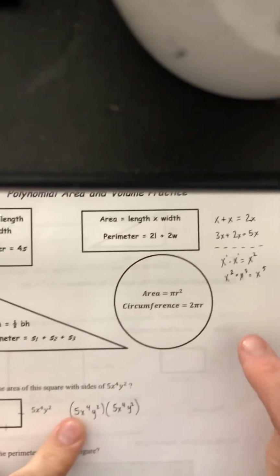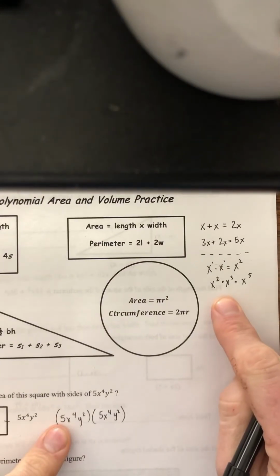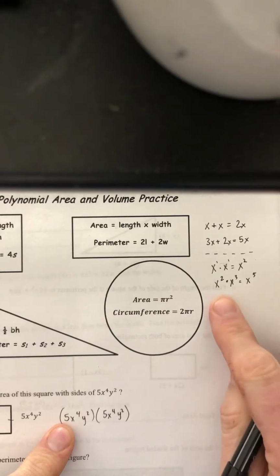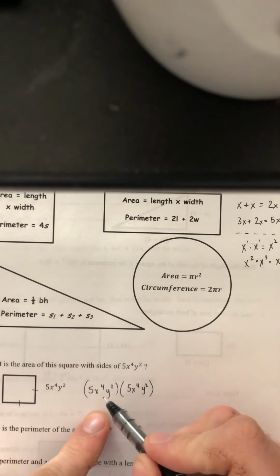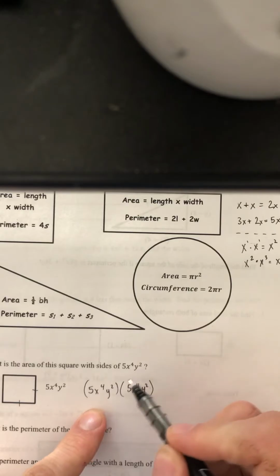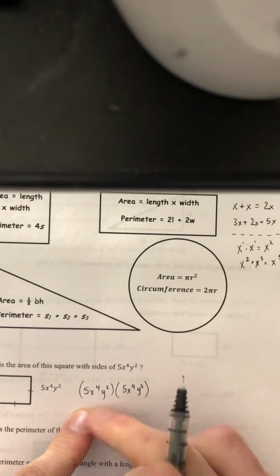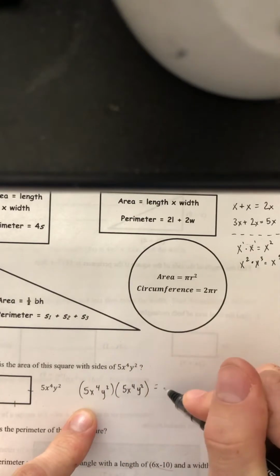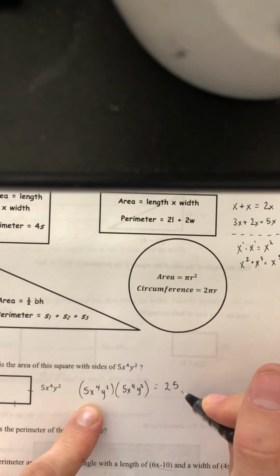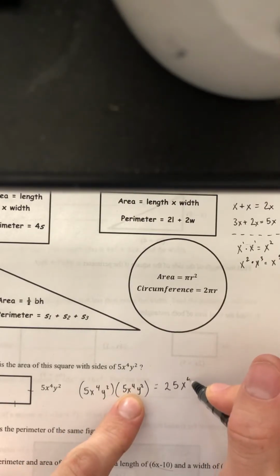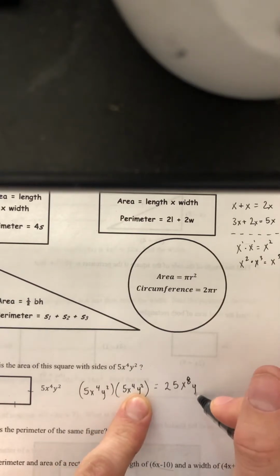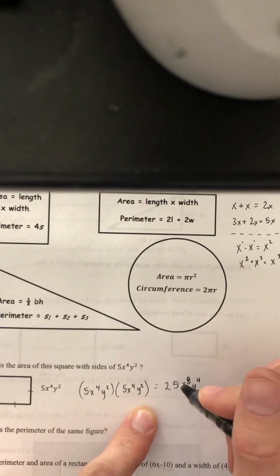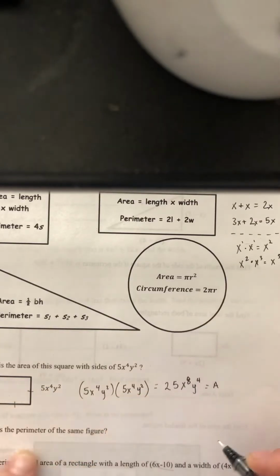This goes back to the idea that when you multiply variables, you add the exponents. So 5 times 5 is 25, and x to the fourth times x to the fourth is 4 plus 4, x to the eighth, and y squared times y squared is 2 plus 2, which is y to the fourth, and that's the area.